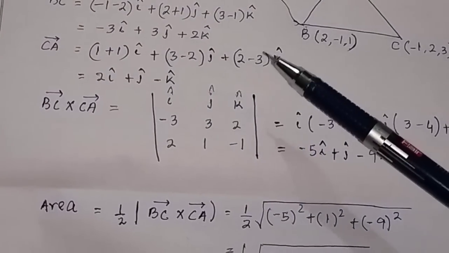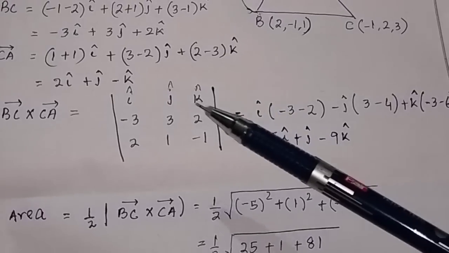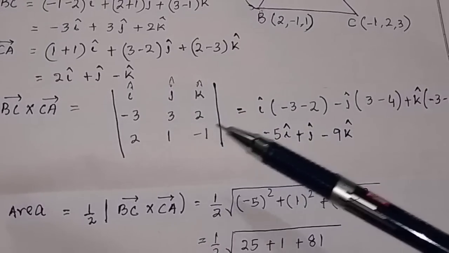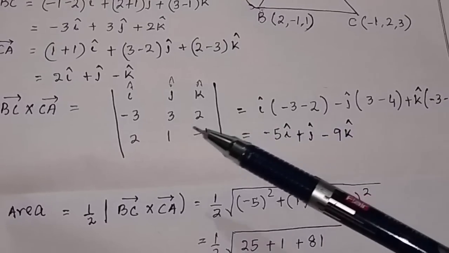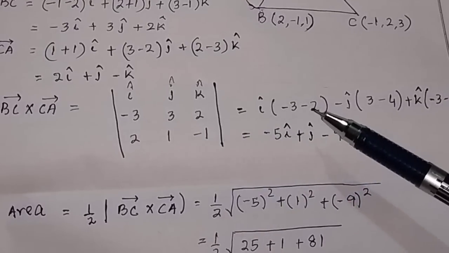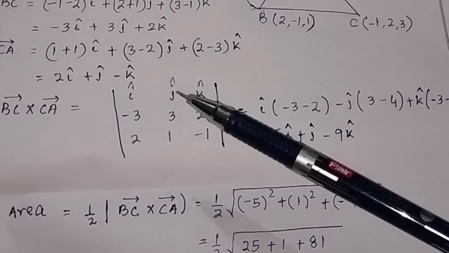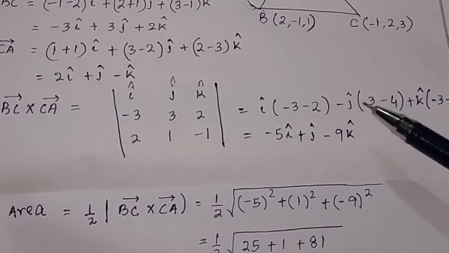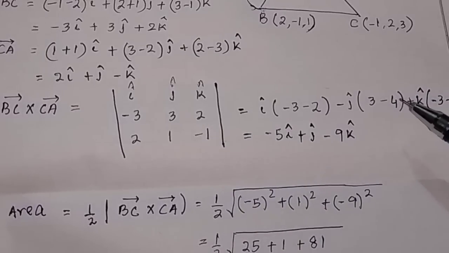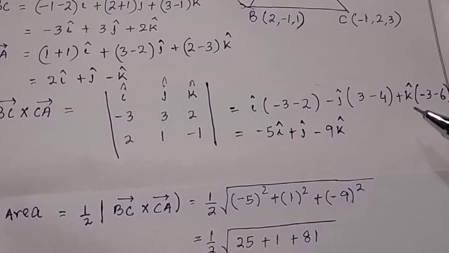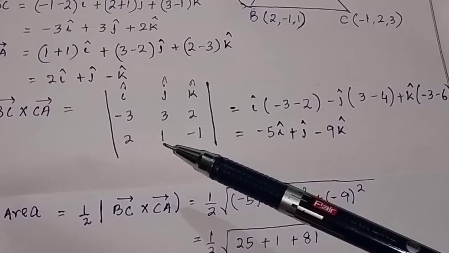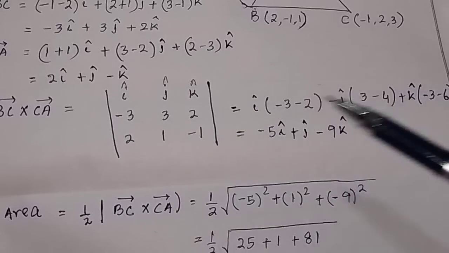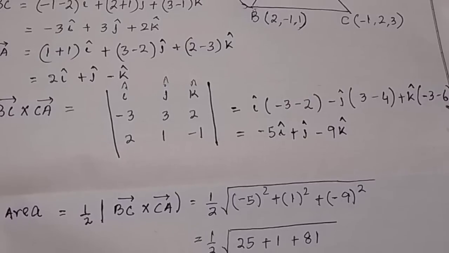If you find out the determinant, then the value will be equal to i cap into 3 into minus 1, minus 3 into 2 into 1, so minus 2, minus j cap into minus 3 into minus 1, that is equal to 3, minus 2 into 2, so minus 4, plus k cap into minus 3 into 1, that is minus 3, minus 3 into 2, that is equal to 6, so minus 3 minus 6.